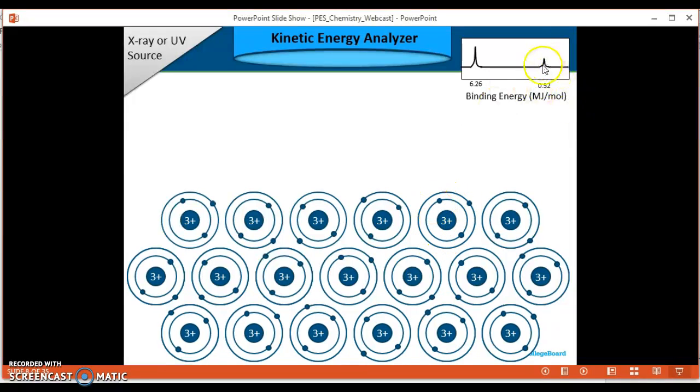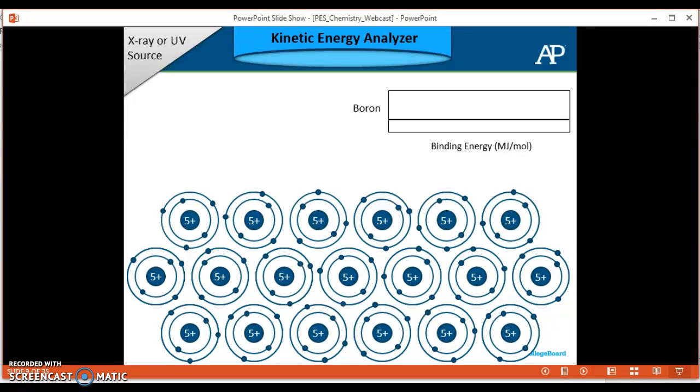You can also see that the relative size of the peaks gives you an idea of how many electrons there are with each of those energies. In this atom of lithium, we have one electron in the second shell and a larger peak to represent the two electrons in the core shell.